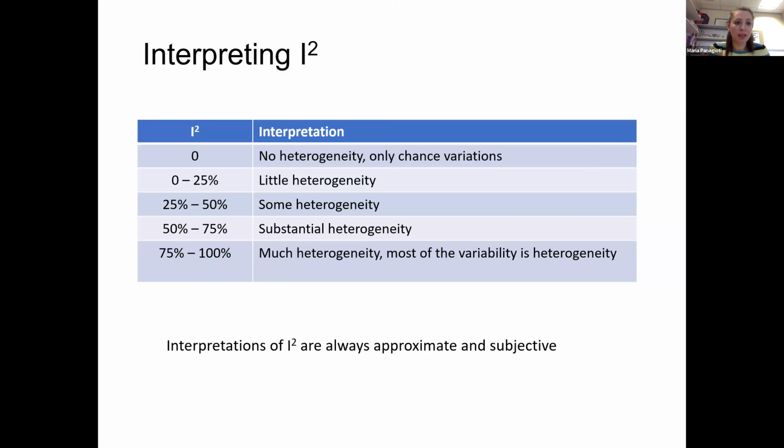Now, if you're doing a meta-analysis of observational studies, let's say one factor is associated with another factor, in this case I-square is actually quite sensitive to heterogeneity. Usually, observational studies tend to show very high heterogeneity almost every time.